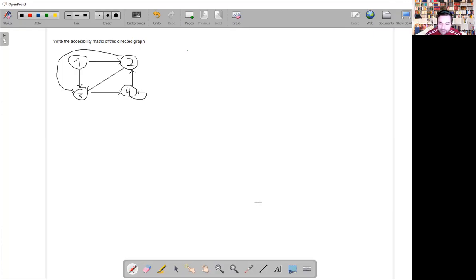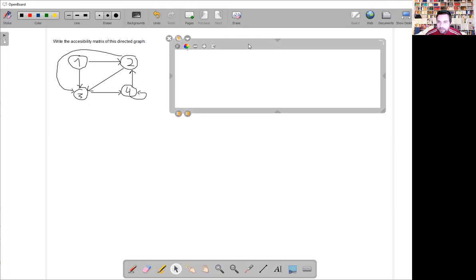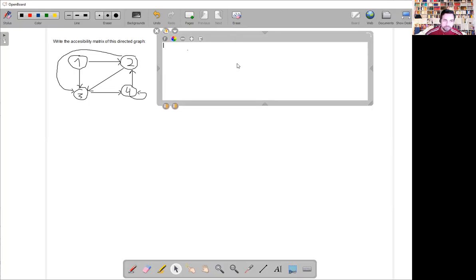To do so, we will start by defining what the accessibility matrix is, right? Let's call it M of a directed graph.